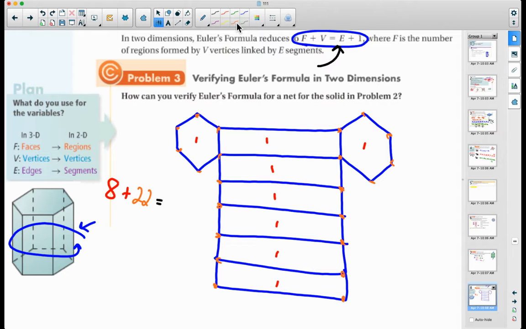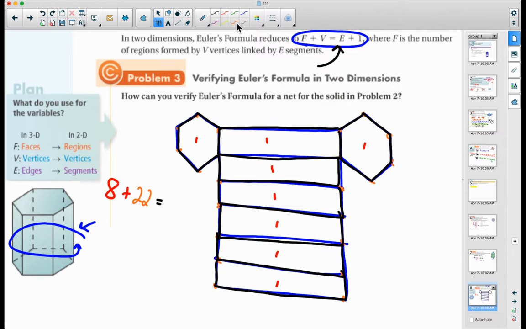Okay? Equals edges. All right, now we're going to count my edges. 1, 2, 3, 4, 5, 6, 7, 8, 9, 10, 11, 12, 13, 14, 15, 16, 17, 18, 19, 20, 21, 22, 23, 24, 25, 26, 27, 28, 29.